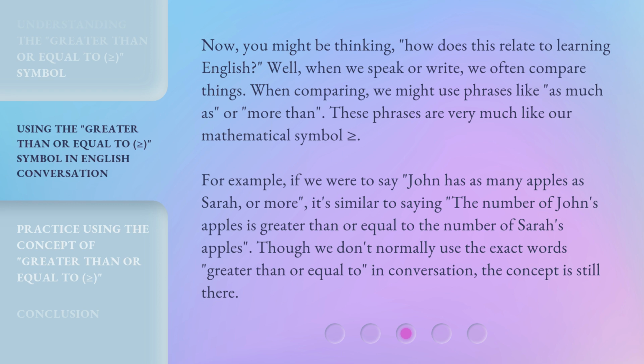These phrases are very much like our mathematical symbol ≥. For example, if we were to say, "John has as many apples as Sarah, or more," it's similar to saying, the number of John's apples is greater than or equal to the number of Sarah's apples. Though we don't normally use the exact words "greater than or equal to" in conversation, the concept is still there.